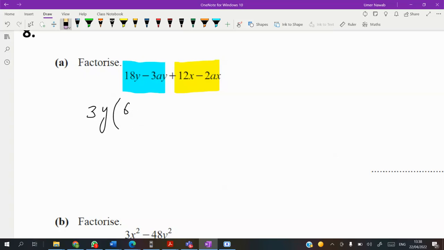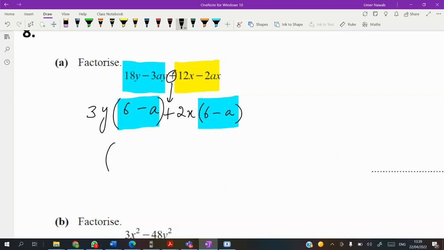So it's 3 times 6 minus a, right? We have a plus sign. What is common in 12 and 2? 2 and x common. So 6 minus a. Brackets are same? Yes. 6 minus a one time. Outside 3y plus 2x. We write it here.